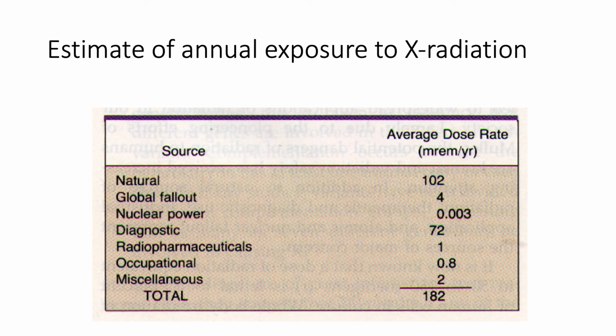So this is a chart showing the annual exposure to X-rays, and you see most of that is due to natural radiation, but there's other sources as well as diagnostic sources.